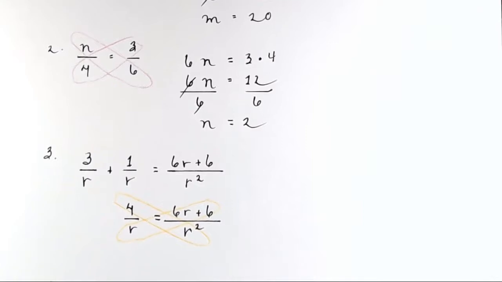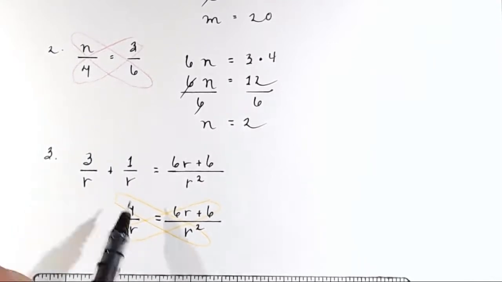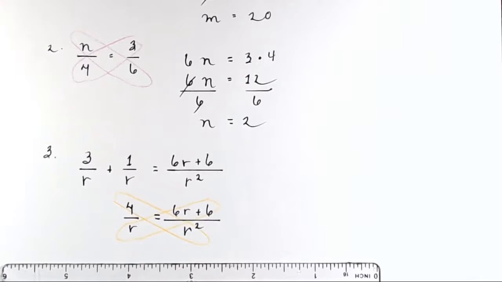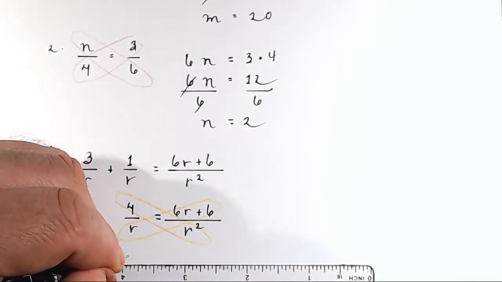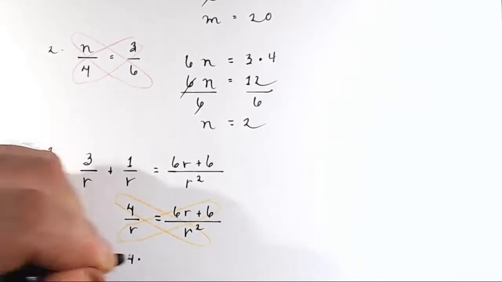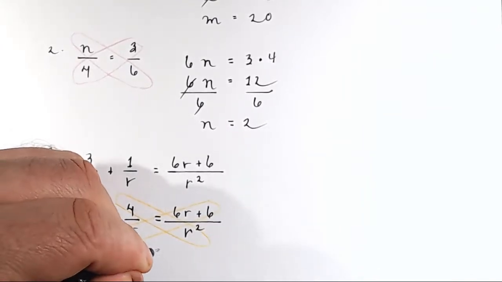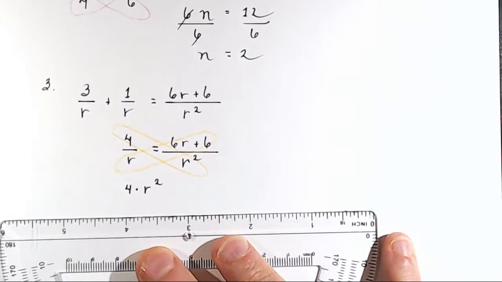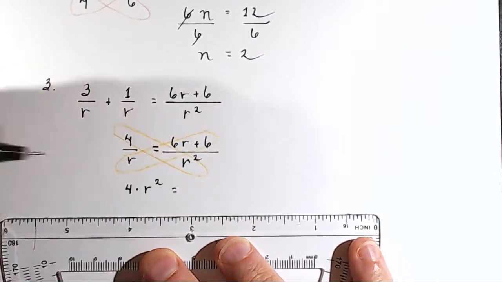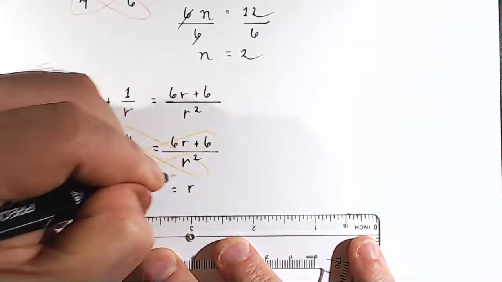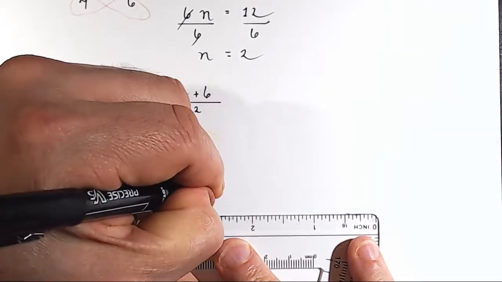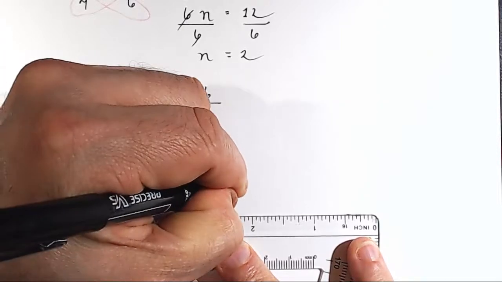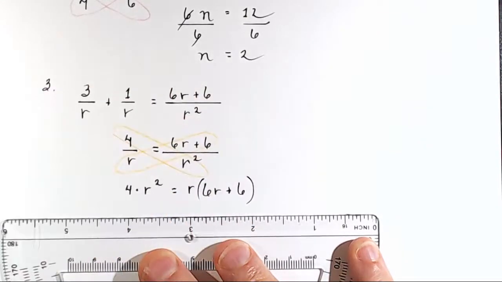I know that color is light, but I don't want it to distract from what's underneath the lines. Now we're going to multiply 4 times r squared, take this slow, equals r, open parentheses, indicating distributive multiplication, 6r plus 6, close parentheses.